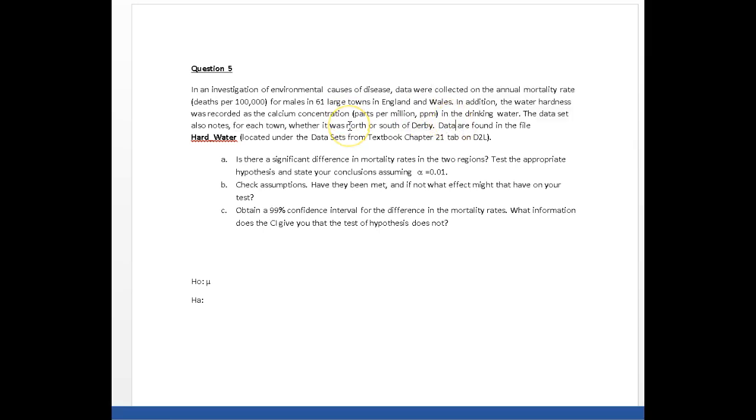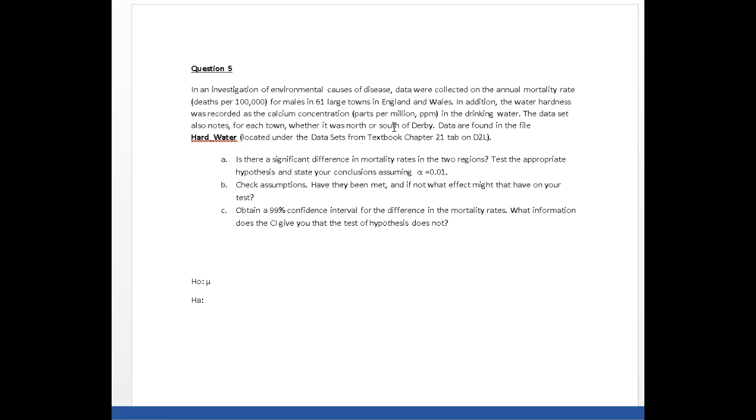Does a town north of Derby have any connection with a town that's south of Derby? Not really. We find where Derby lies on the map, and we determine, probably from the latitude, whether that town was north or south of Derby. And whatever towns I have north of Derby really don't have anything to do with those that were south of Derby. We haven't deliberately paired anything up.